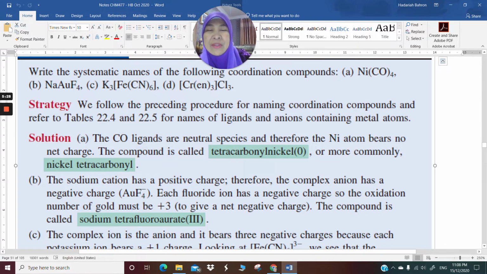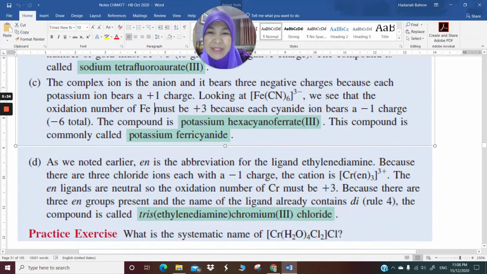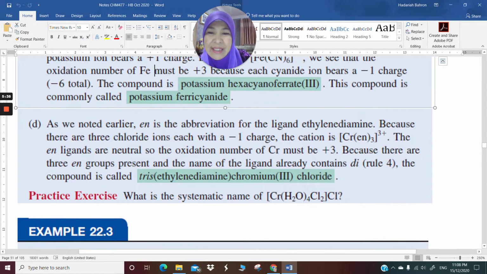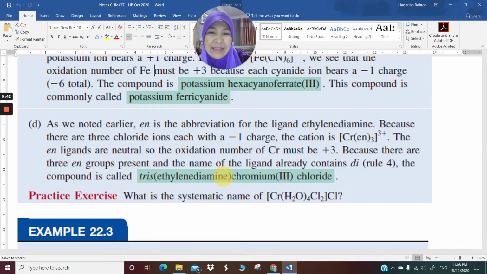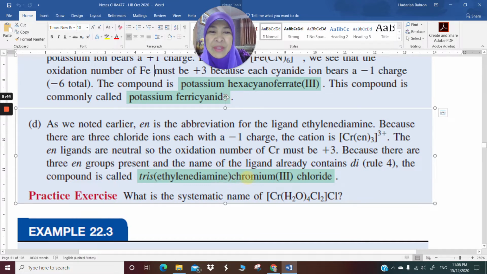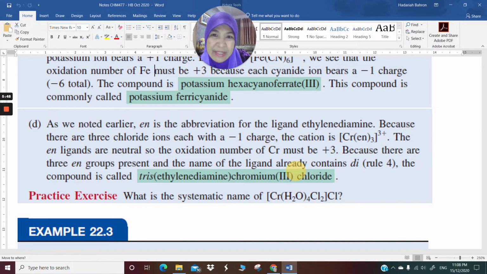Yeah. So tris(ethylenediamine)chromium(III) chloride. There you go. Tris(ethylenediamine), remember, put the bracket around ethylenediamine, telling us that the ethylenediamine is 3 times. Chromium(III) space, there is always a space between cation and anion.